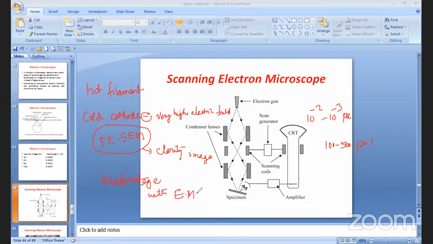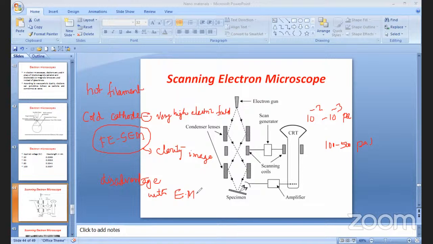Okay, that is one disadvantage which we have. Images may be blurred, meaning a good image you are not going to get.